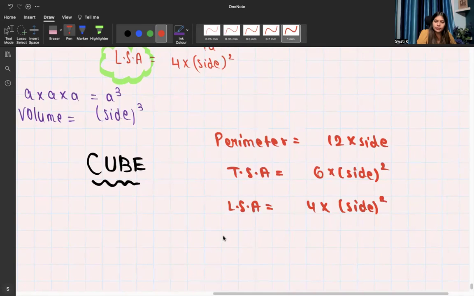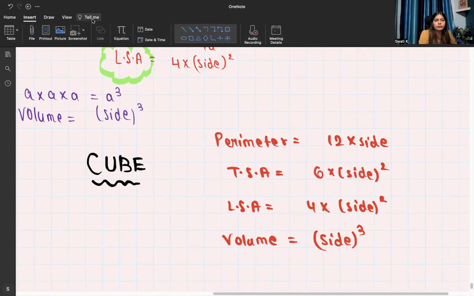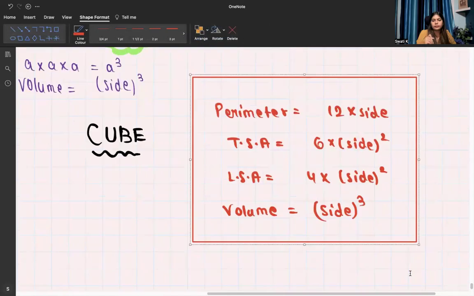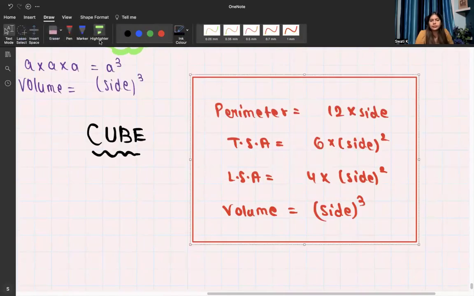And then we had the volume. What is the volume of the cube? That is going to be side into side into side, which is side cube. Okay, so this is for the cube. Let me put this into a box. So this is about cube and cuboid. I hope these formulas are very clear now.